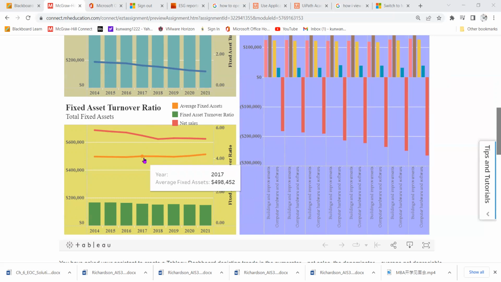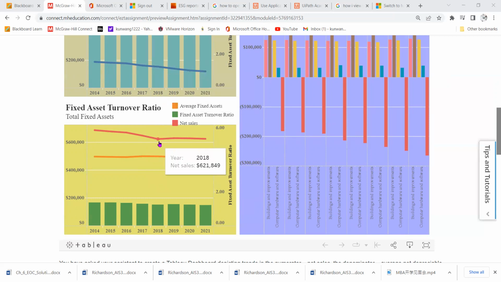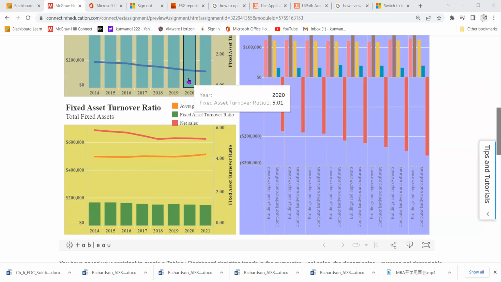So when you analyze or talk to the management, you need to consider both of the situations. Then try to get their additional ideas or ask them, okay, what's the situation for your fixed asset management?